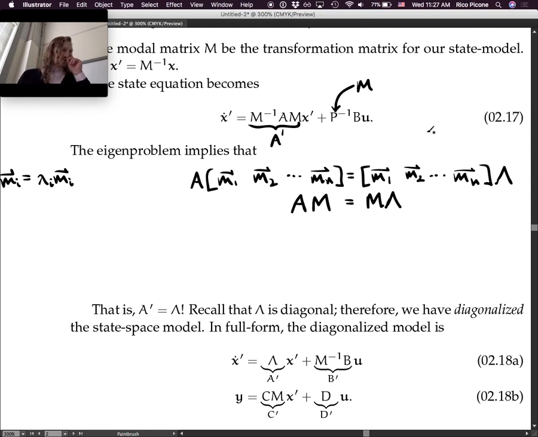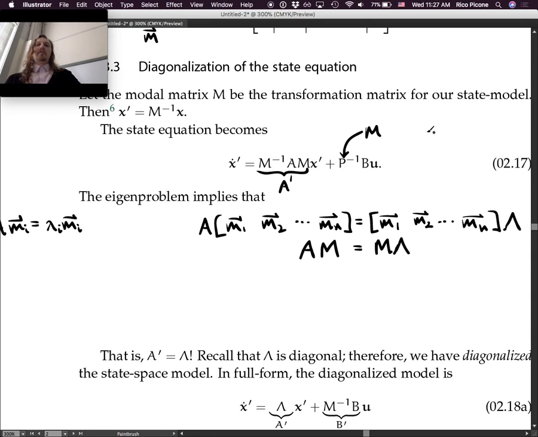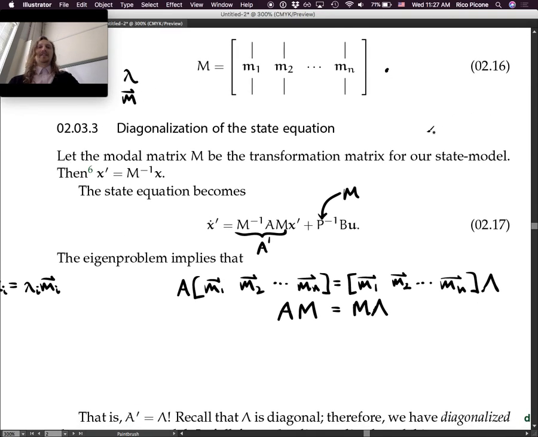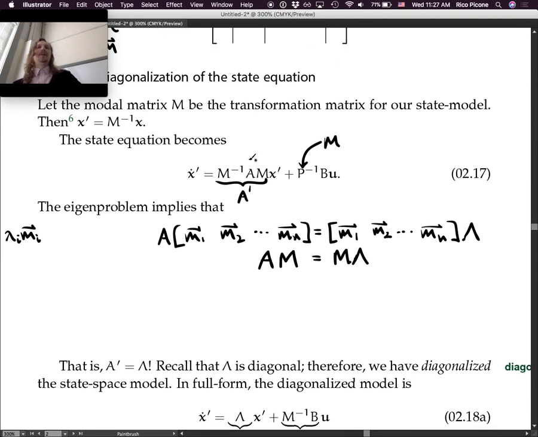So, if that's true, let's go ahead and solve for an expression that we have up here in the motivation for what we're doing here. We could left multiply both sides of this equation by M inverse, and we would have our A prime on one side. So let's find out what is on the other side of the equation once we do that, okay? So let's left multiply by M inverse AM. Then we have to left multiply the other side by M inverse.